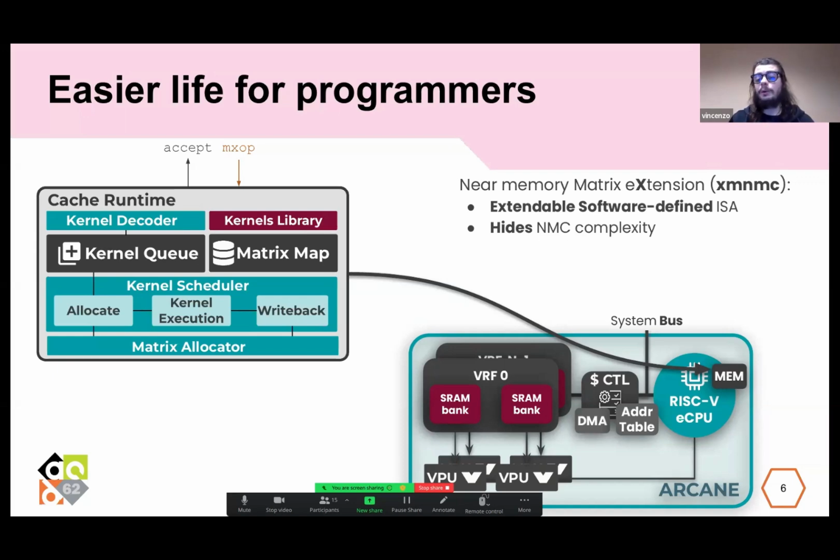In this way, you can always extend your ISA and redefine it, whatever your application is. Also, our software-defined ISA tries to hide all the near-memory computing complexity by giving basically two instructions that we will see now.